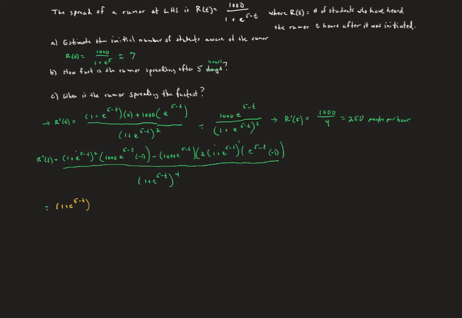It looks like we've got a 1,000 e to the 5 minus t and even a negative of those in each of those terms. So I think we can factor out a negative, and then I'm going to say 1,000 e to the 5 minus t that we're pulling out of both of those. I think that might be about it. Let's see what that leaves us.